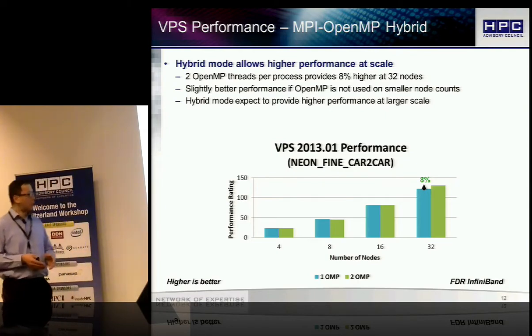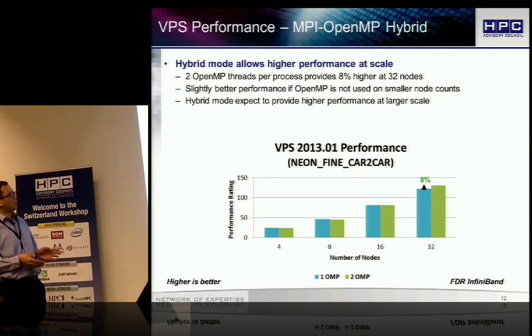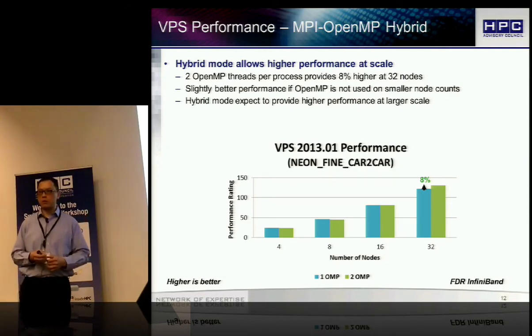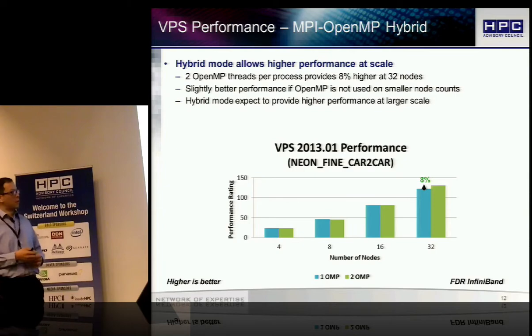So by spawning one OpenMP thread, I have 20 CPU cores per node. So I basically run 20 CPU cores and 1 thread per process.